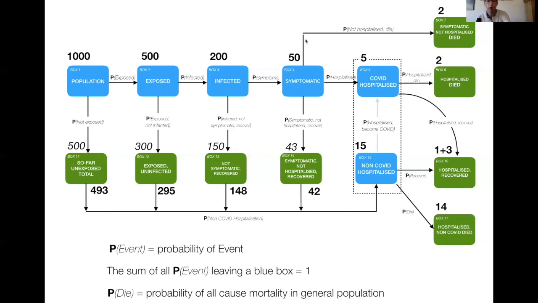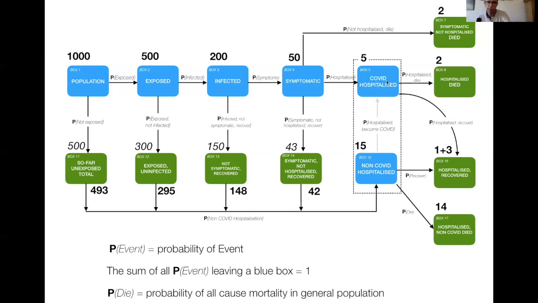From box 4, I've got 3 exit points, and I've decided for my numbers, 2 end up dying, 5 go into hospital, and 43, therefore, to make up the 50, are symptomatic, not hospitalized, and recover. Then of the 5 that end up hospitalized, I've assumed 2 die and 3 recover. So that's my 5 there.